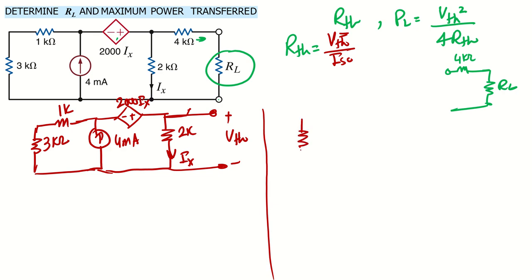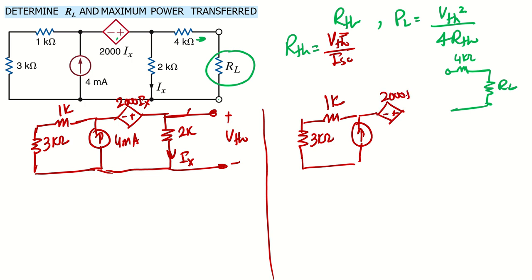So let's do that. We have 3K here. Again we have 1K. This example is a combination of different examples like we did in the previous videos, because it has dependent and independent sources, and also we are computing the maximum power.